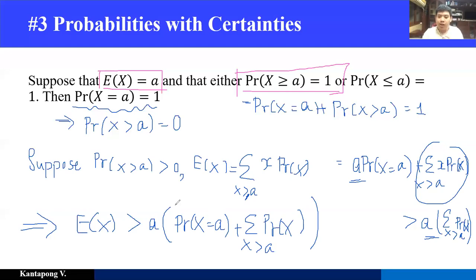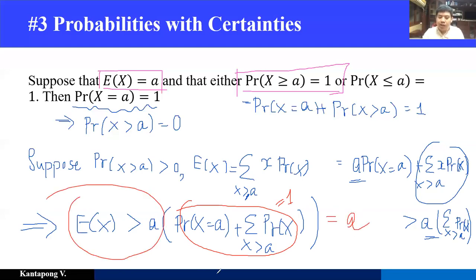However, this is equal to 1. So that means E[X] is greater than a. That contradicts the initial assumption.